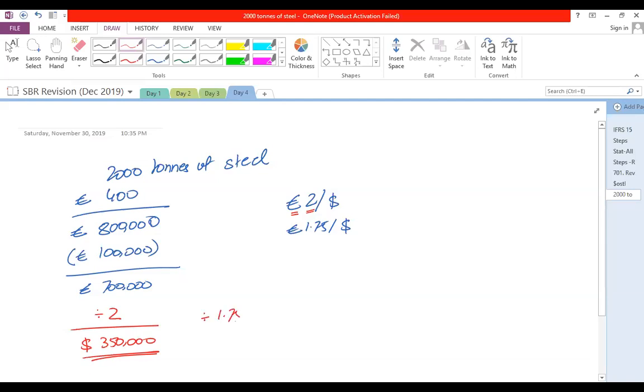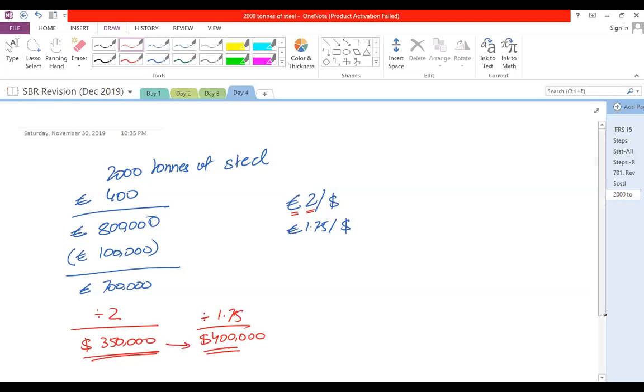But later on, it changed to 1.75. So if I use a calculator, 700,000 divided by 1.75 is 400,000. Thank you, Imran. So this means that my commitment to pay has increased. So that's a loss.